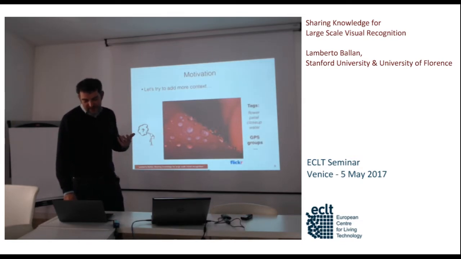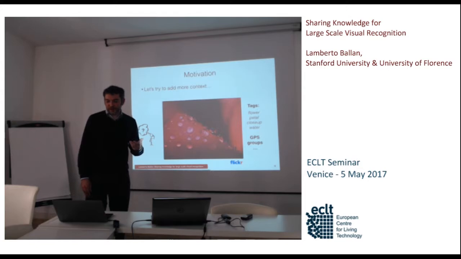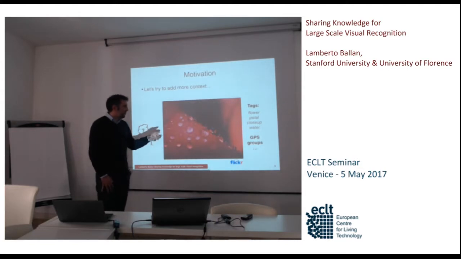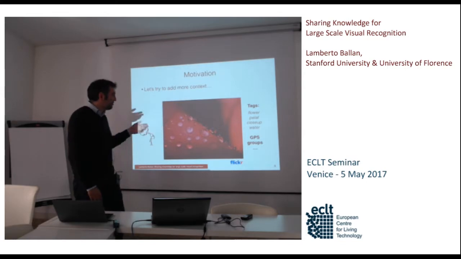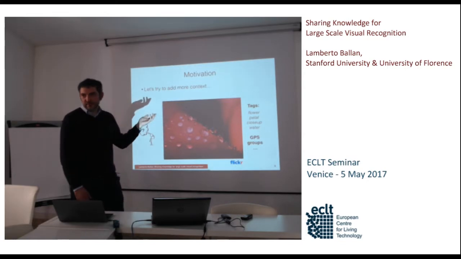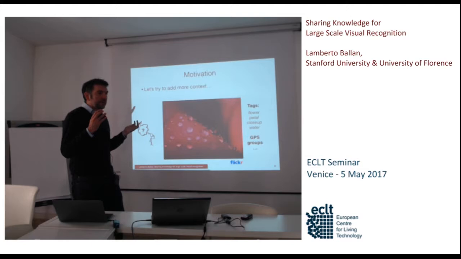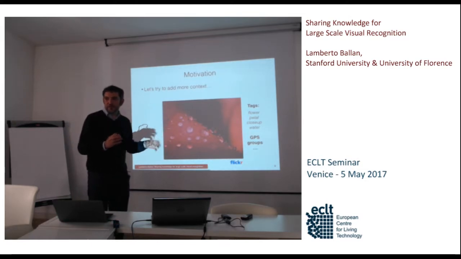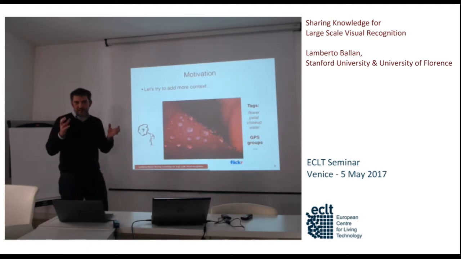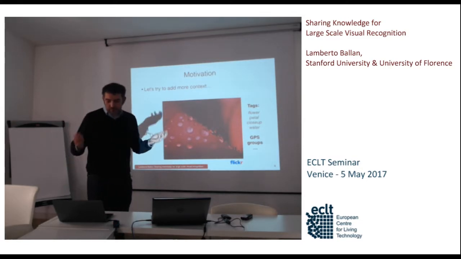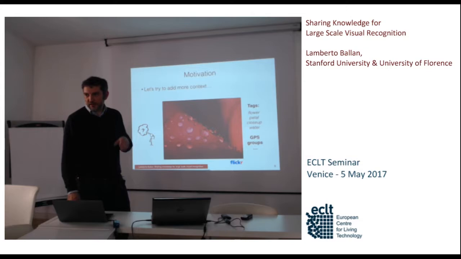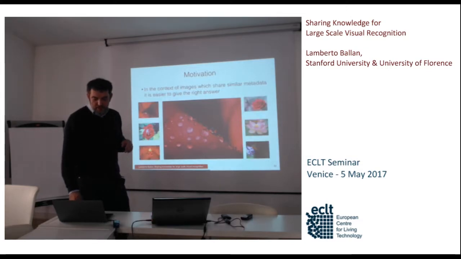So this is maybe hard to recognize, but this is not the only data associated with this image, because maybe you can have tags. You can also have additional information, such as the fact that this image belongs to groups, which are public galleries of images. Maybe you have GPS data attached to the image.